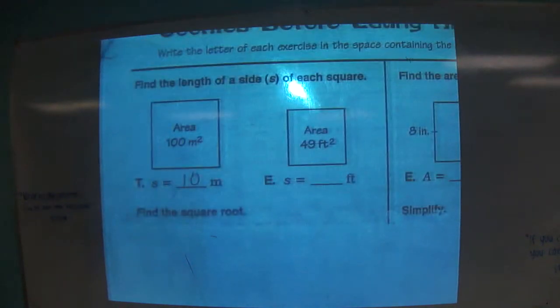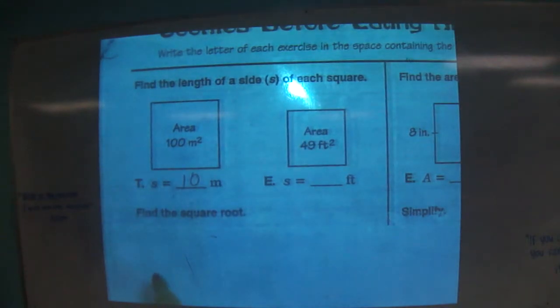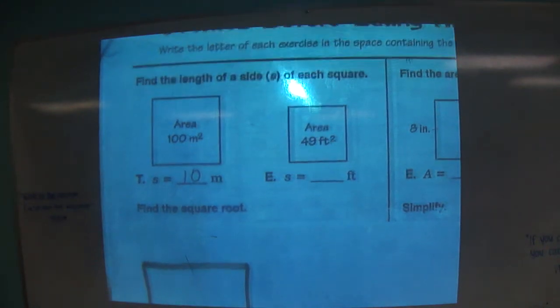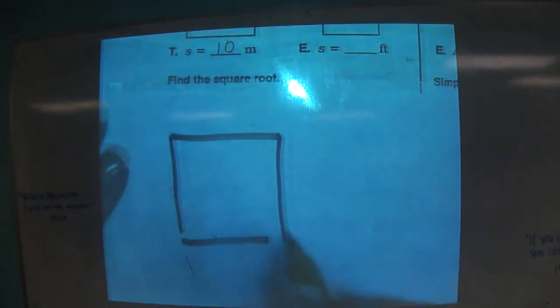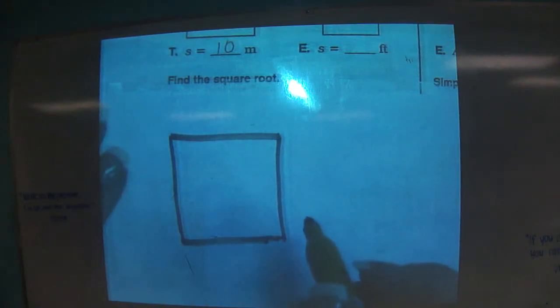Okay, so here, a square. We're talking about squaring something. So if you look at this square, what do you know about the sides? They're all equal. They're all 90.